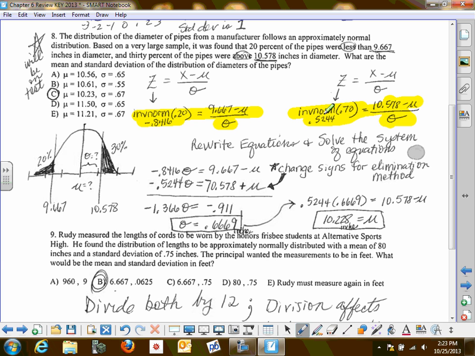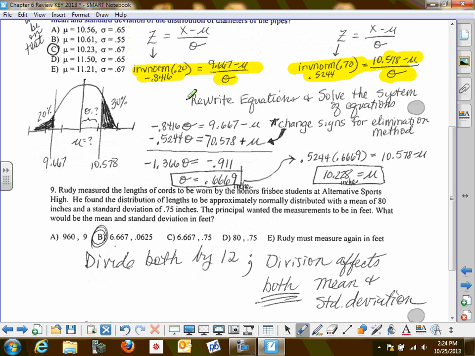It's inverse norm of 0.70 because 30% are above that, so that means 70% is below it. So I rewrote the equations by multiplying, and then I changed the sign for the second one so that I could eliminate. I ended up with this standard deviation, went and plugged it in and got that mean, so that rounded to the values in C.